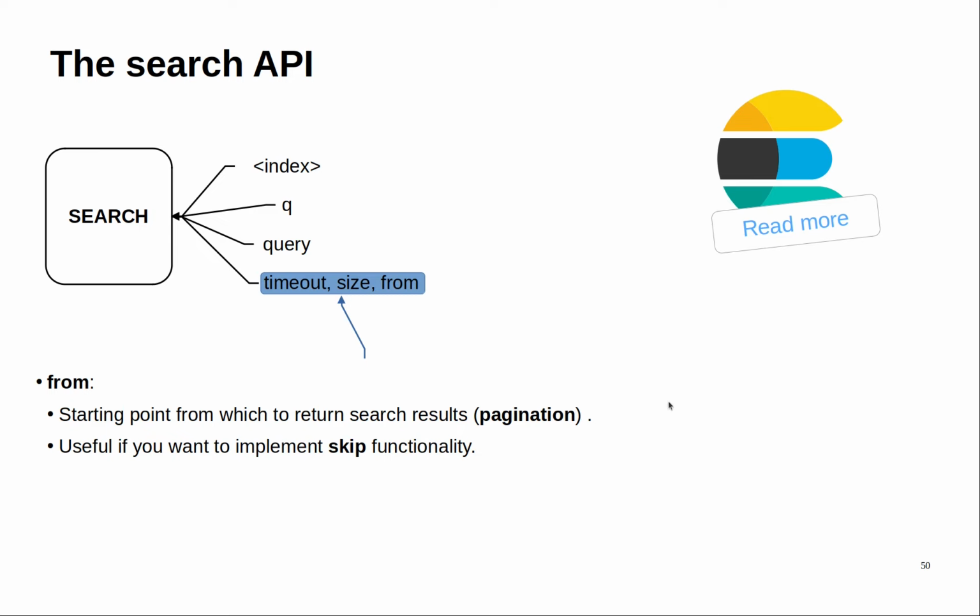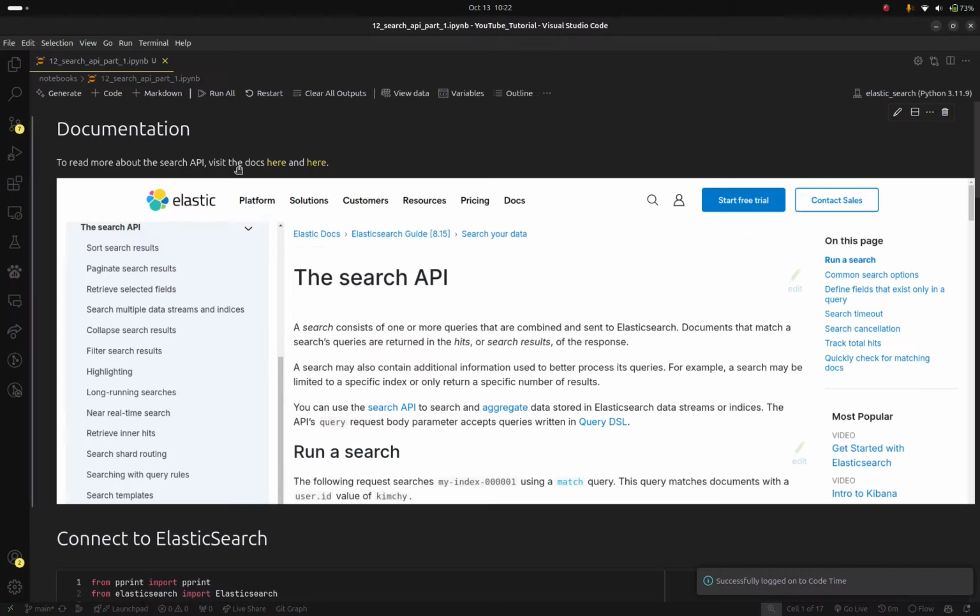Now I will go to VS Code to show you how to apply some of the things that we have seen in this video. Great, so please open the 12th notebook in this series. Remember to download all these notebooks. Go to the video description. You will find a link that will take you to my GitHub repository, and feel free to clone it or download it.